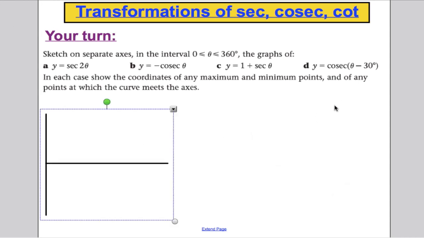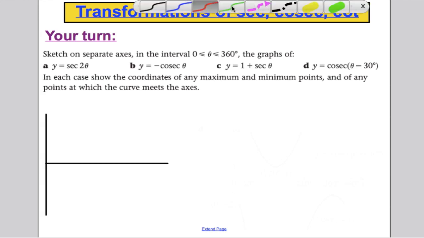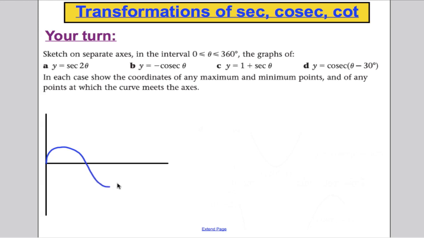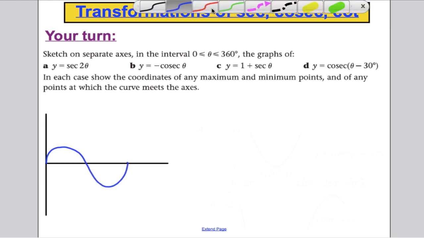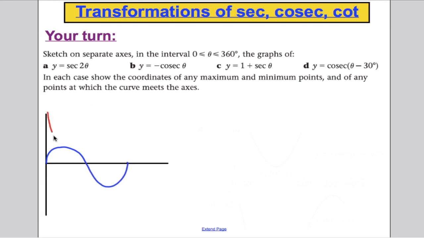And last one, cosec of theta minus 30. Well, the cosec graph comes from the sine graph. Let's remember the sine graph looks something like this. So the cosec graph ends up looking something like this, where key asymptotic values are at 180 and 360.